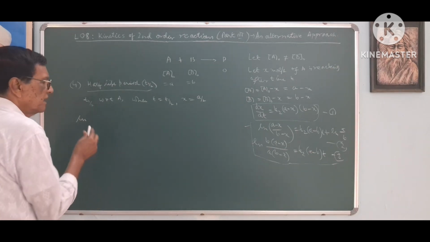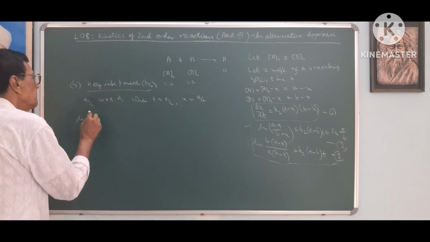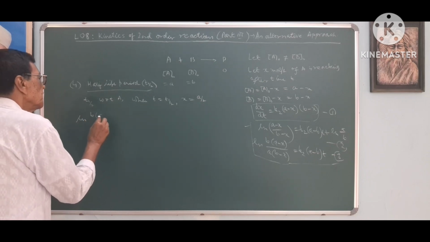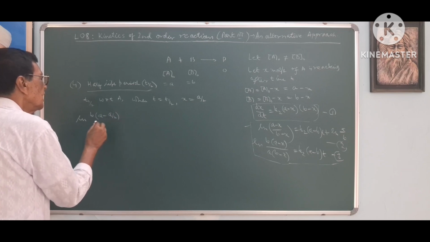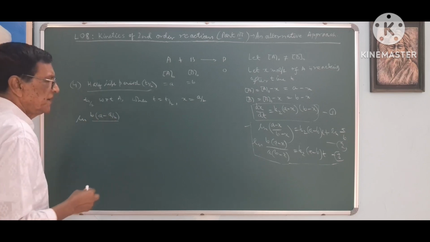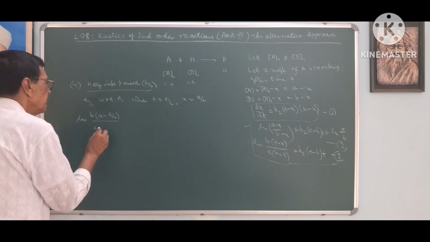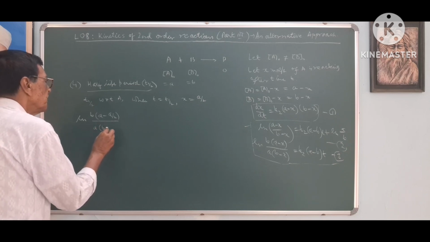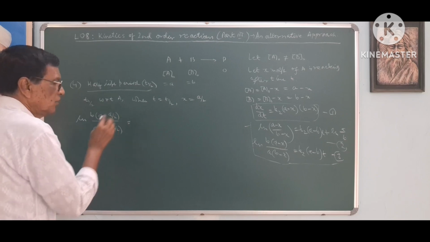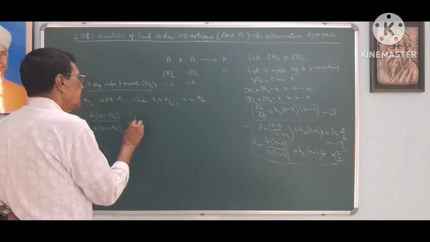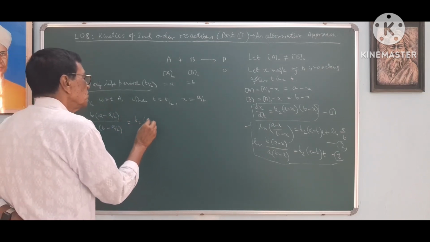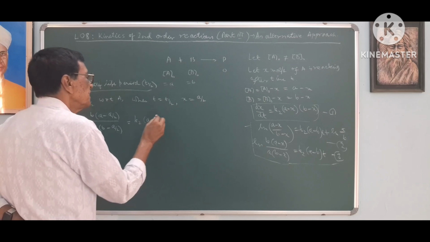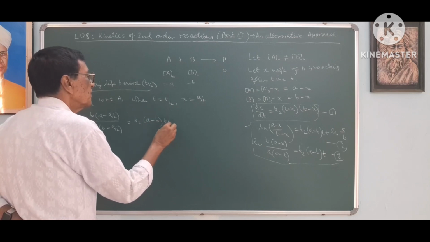ln of B into A minus A by 2, divided by A into B minus A by 2, equals K2 into A minus B into t half.